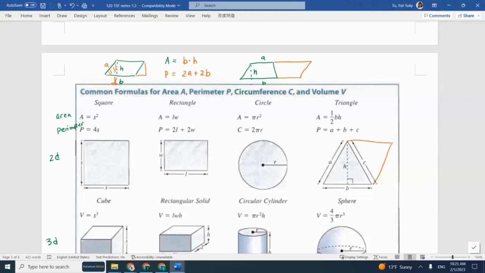Oh, A. This side? B. Therefore, area of the trapezoid is 1/2 of the area of this new parallelogram. Area of parallelogram is base, but your base now is A plus B, times height H.